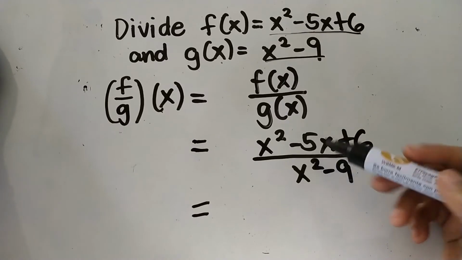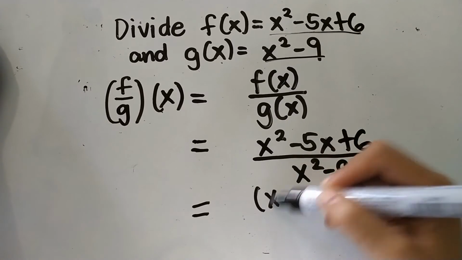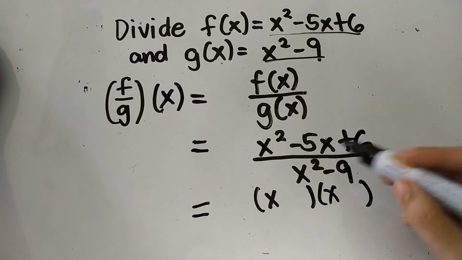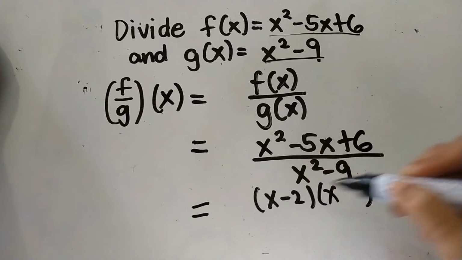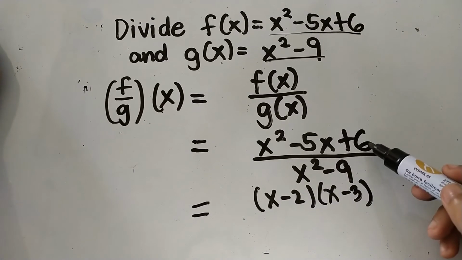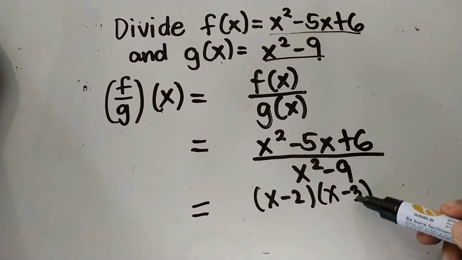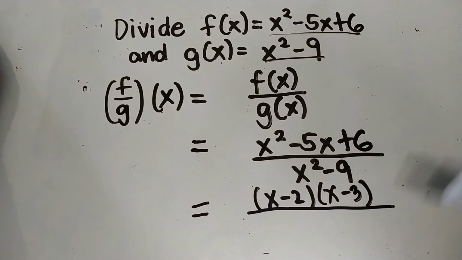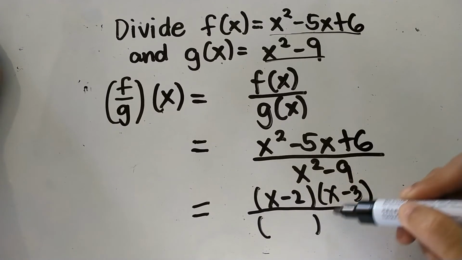So, that is x. Para maging negative 5, it's negative 2 and negative 3. Negative 2 times negative 3 is positive 6, and negative 2 plus negative 3 is negative 5. Ganun lang yan.